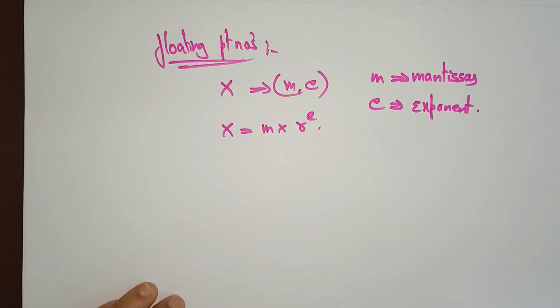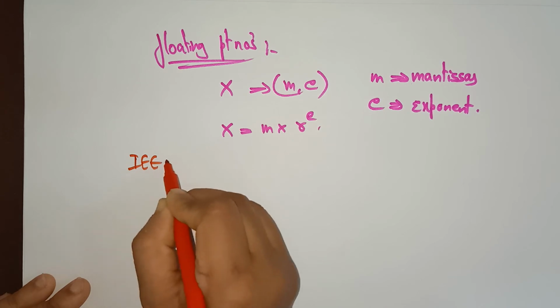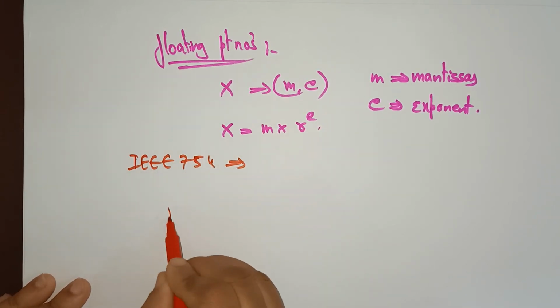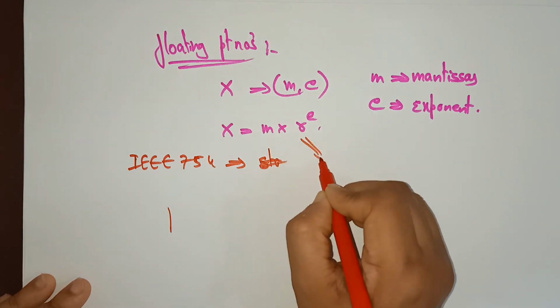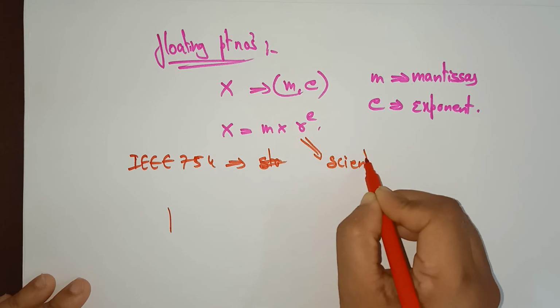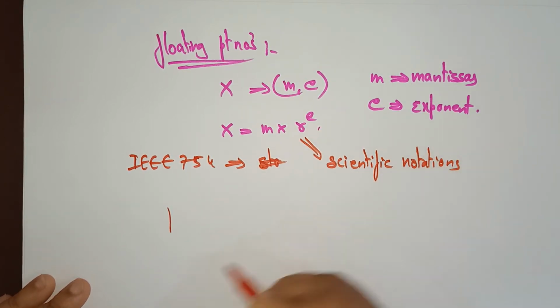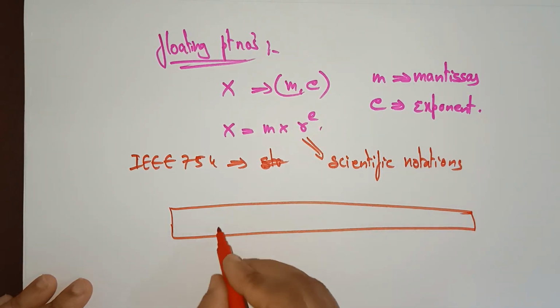If you want to represent it in IEEE 754 representation, this is a standard form represented in scientific notation, a representation of a floating point. So IEEE 754.